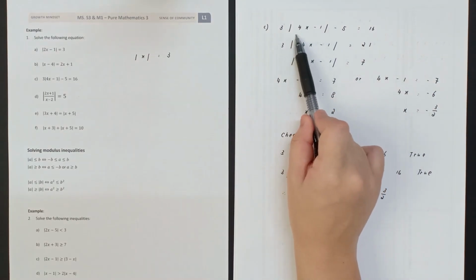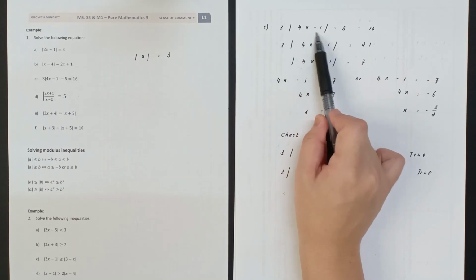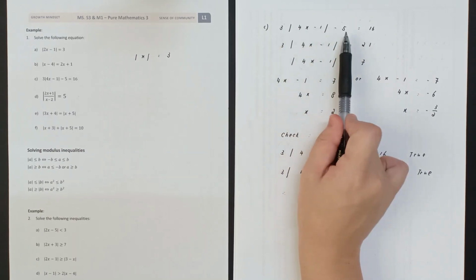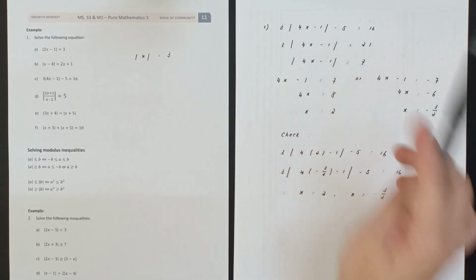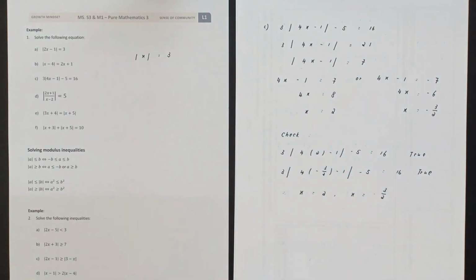You know how the graph of 4x minus 1 looks like in a modulus, then you do your stretching, then you do your translation. It's going to be the same thing as well. But since that is not required in this case, you can just try it on your own. You should be able to get exactly the same answer as well.